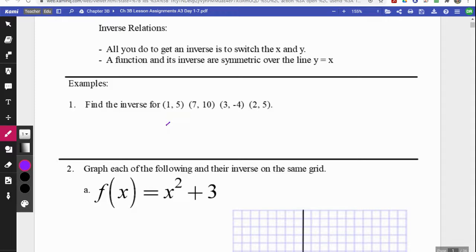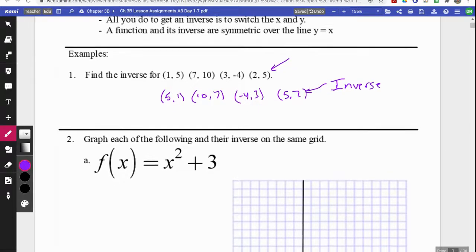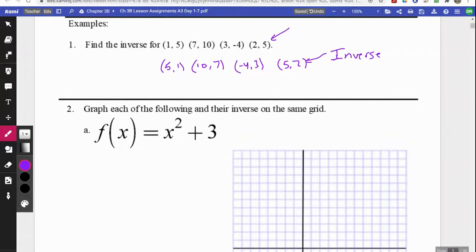So the inverse then would be the points (5, 1), (10, 7), (-4, 3), and (5, 2). Easy enough. So whatever we start with, swap them, and that is the inverse. This is just a discrete function, if you will. It's just some points, and so if you wanted to find the inverse, that would be the inverse.